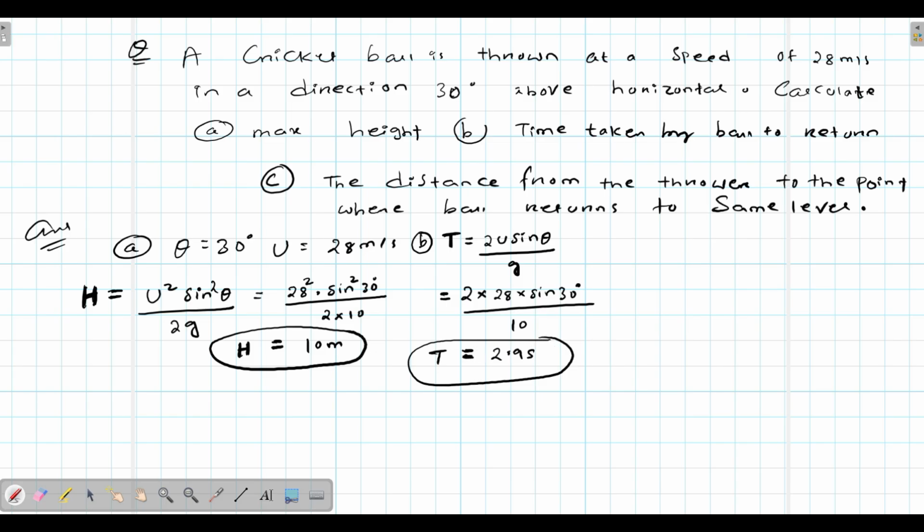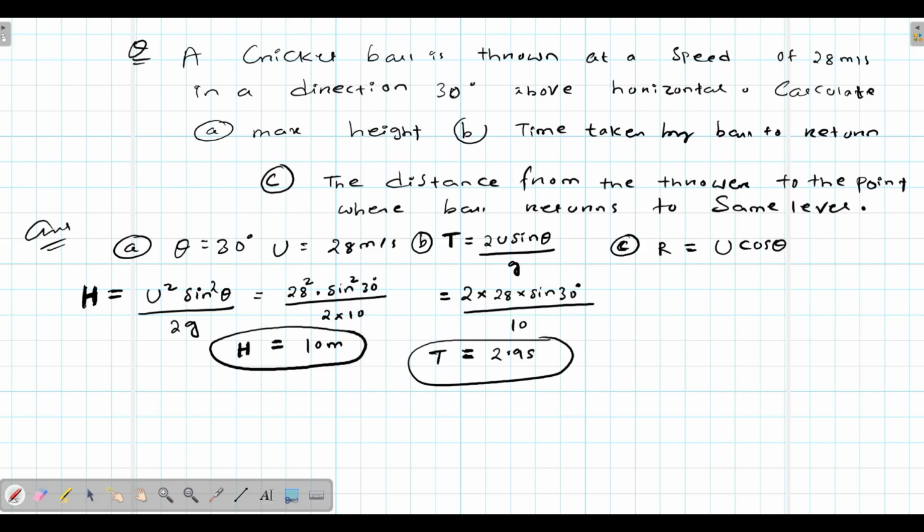Third part. The distance from the thrower to the point where the ball returns to the same level. That means range. Range equals u cos theta into t.